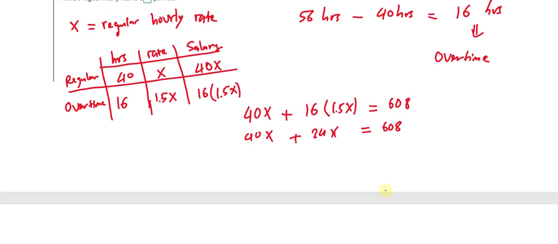And then I can combine like terms, 40 plus 24, that gives me 64x equals 608. Then you divide by 64 on both sides. 608 divided by 64 gives me x to be 9.5.